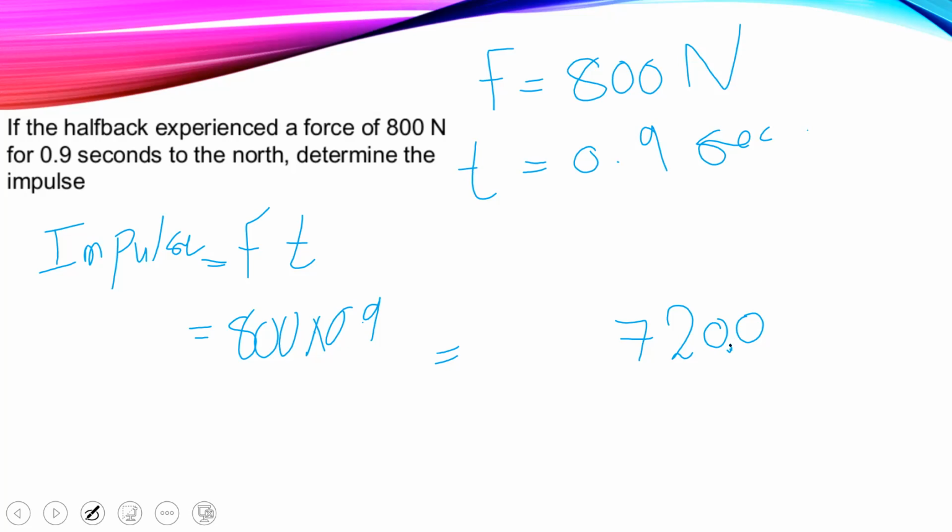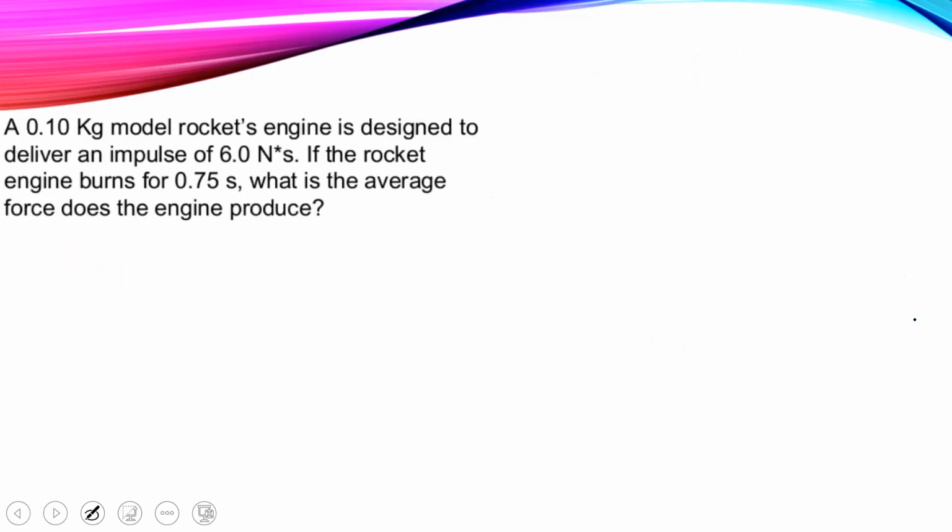Now let's talk about the unit here. What is the unit of force? Newton. And time? Seconds. So the unit for impulse is Newton second, so it is 720 Newton second. Teacher, what about the unit for momentum?